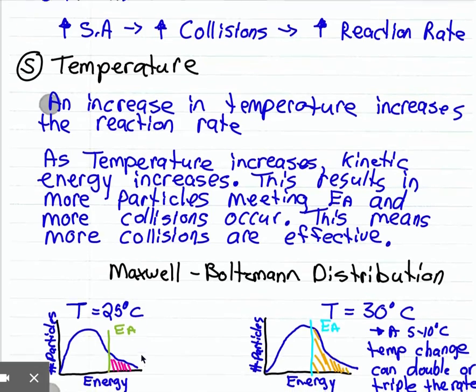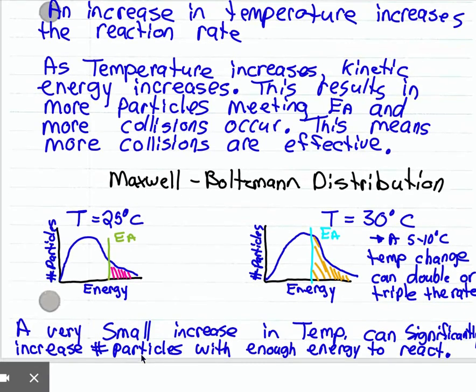So we look at a Maxwell-Boltzmann distribution for this. This one right here, we have a temperature of 25 degrees Celsius. Our particles, our energy, this is our activation energy. And again, all the pink is the number of particles that meet the energy need. If you have a temperature of 30 degrees, just a small temperature change, the activation energy moves over here.